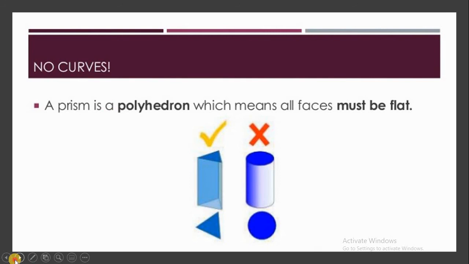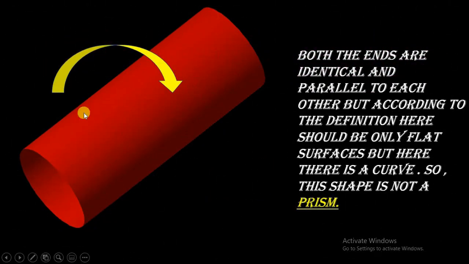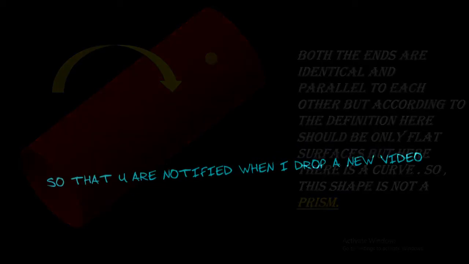Here this is a curved surface, not a flat surface. So though the ends are identical and parallel to each other, it is not a prism because it has a curve, which is not according to the rule of a prism.